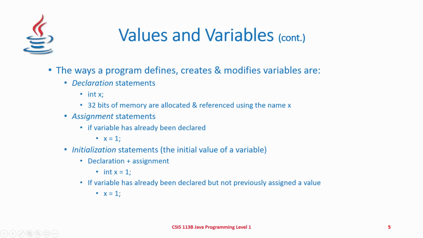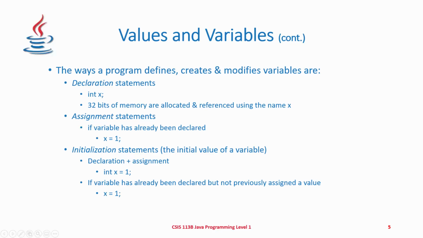You can have both declaration and assignment occurring at the same time. So that's the example you see there with int x being assigned the value of 1. So now we're declaring the data type, we're assigning a name to the variable, and we're assigning a literal value to that variable. So that's the declaration plus an assignment, referred to as an initialization statement, because we are initializing the value of that variable.